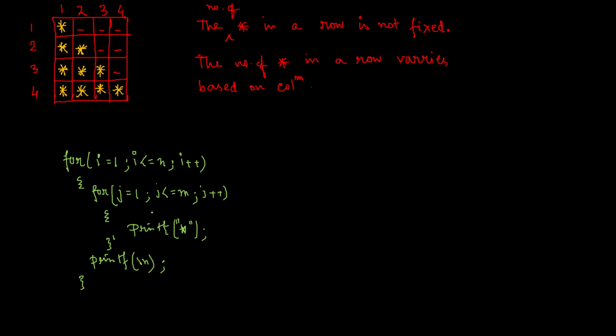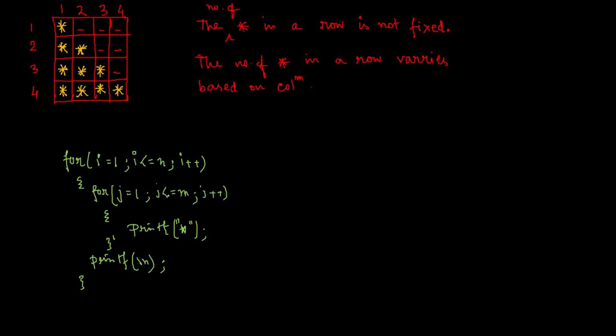Anyway, here you see this m is basically fixed whatever the value of i is. When i is equal to 1, you have to run j equal to 1 to m. When i equals 2, there also you have to run this inner for loop j equal to 1 to m.